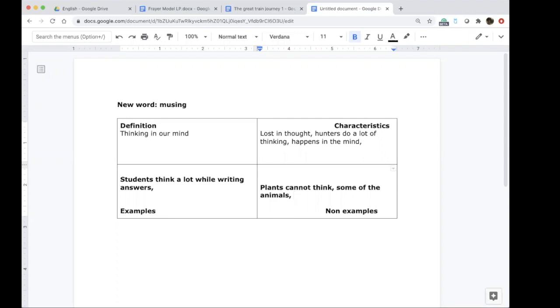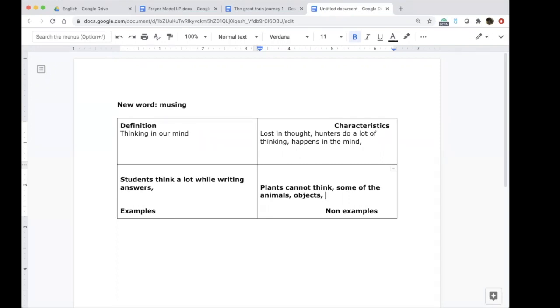Let's see, Srinivas. So objects cannot think. Yes, very good. Objects cannot think. Okay. One more example. Let's see, Sadia. Sadia, can you repeat your answer?